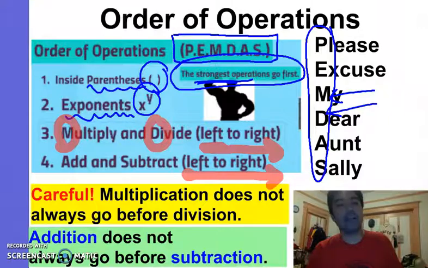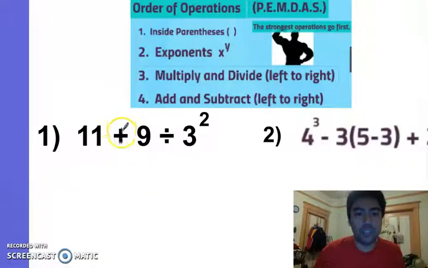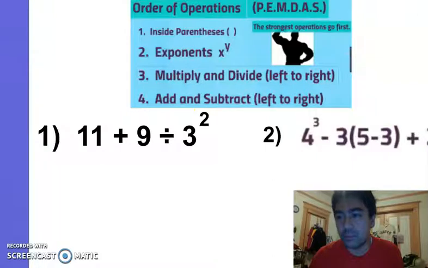Now let's take a look at some examples of how to use the order of operations. You see here that there is addition, division, and exponents. One thing to do while you do these problems is to do things one step at a time.